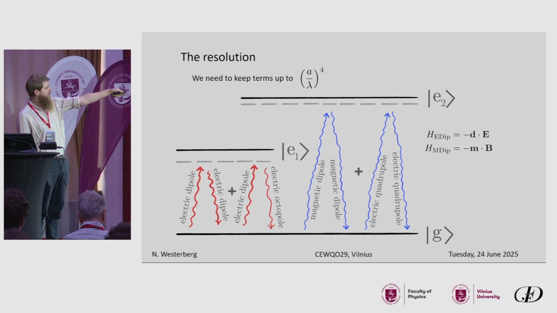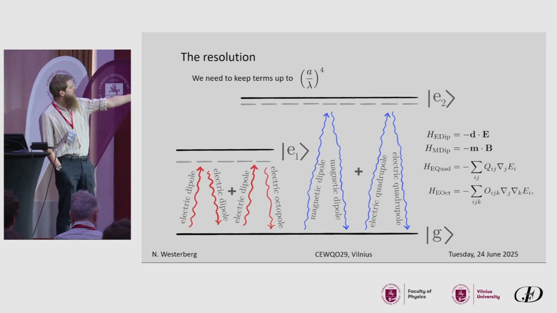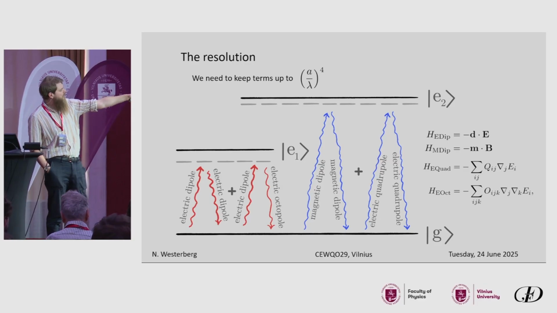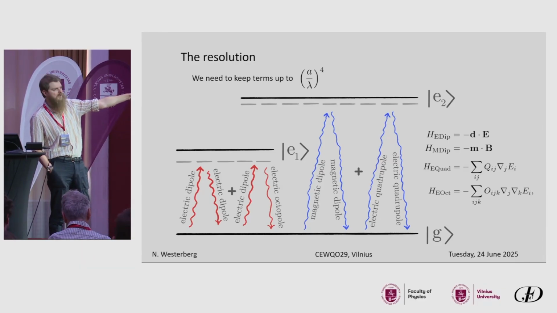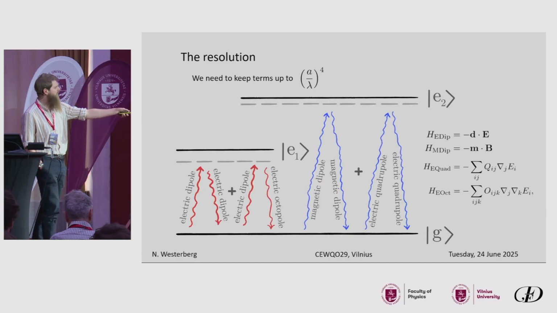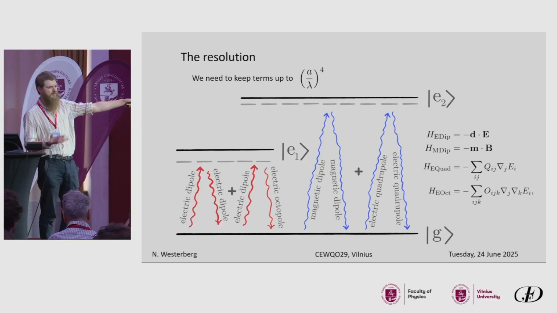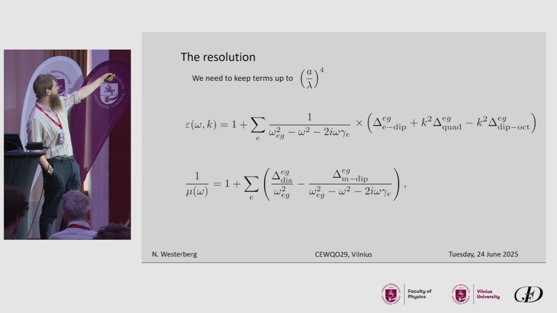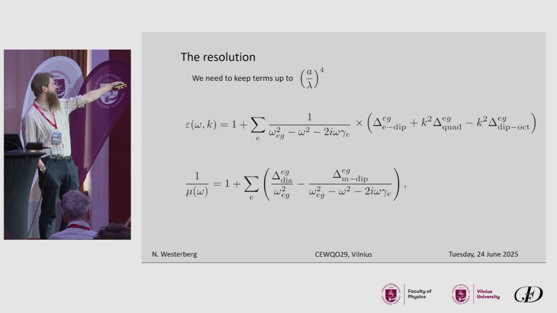So electric dipole, magnetic dipoles, and then we have the quadrupole, and they enter with some sort of spatial dispersion in there. So something like that. And if you naively go through, you calculate these things, you do your usual second order perturbation theory and throw this in, your permeability, permittivity, some resonances.